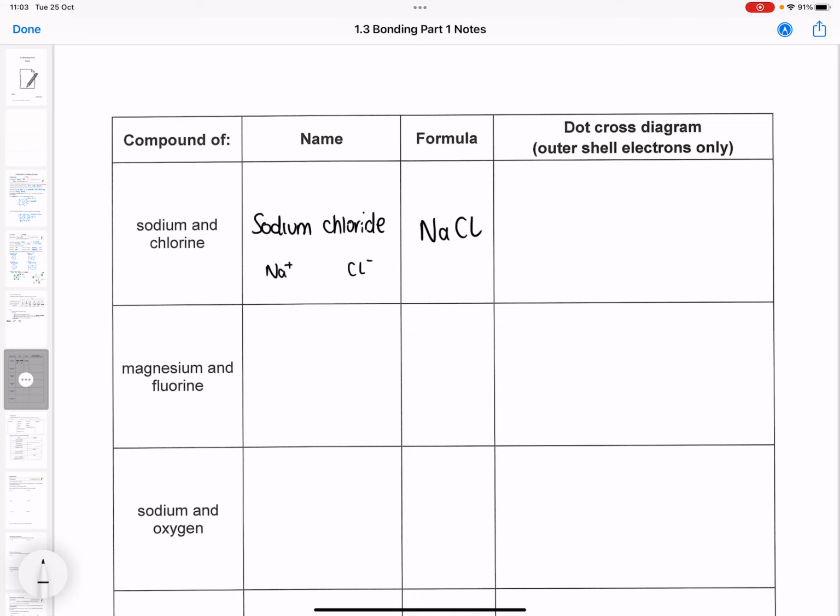So my tip for you is the metal always loses its outer shell electrons, so it ends up not having any outer shell electrons, so you don't need to draw a circle around it, just Na in a square bracket to show that the plus is on the whole thing. So the metal, sodium was in group 1, it lost 1, we gave it a 1+ charge. Chlorine is in group 7, so we're going to draw a circle around it.